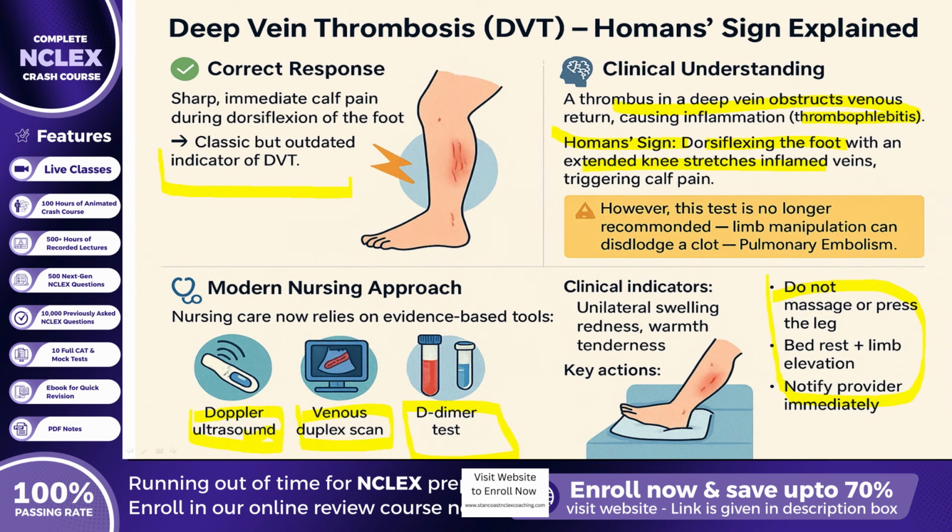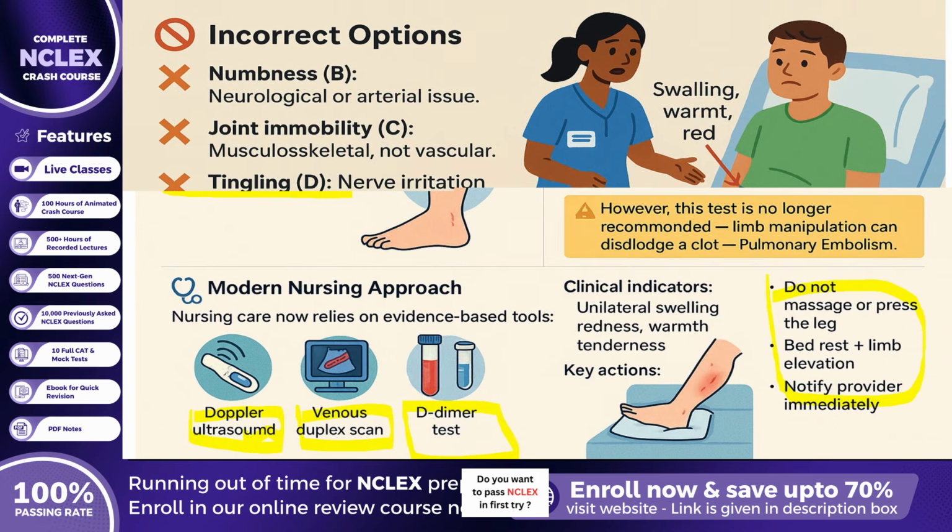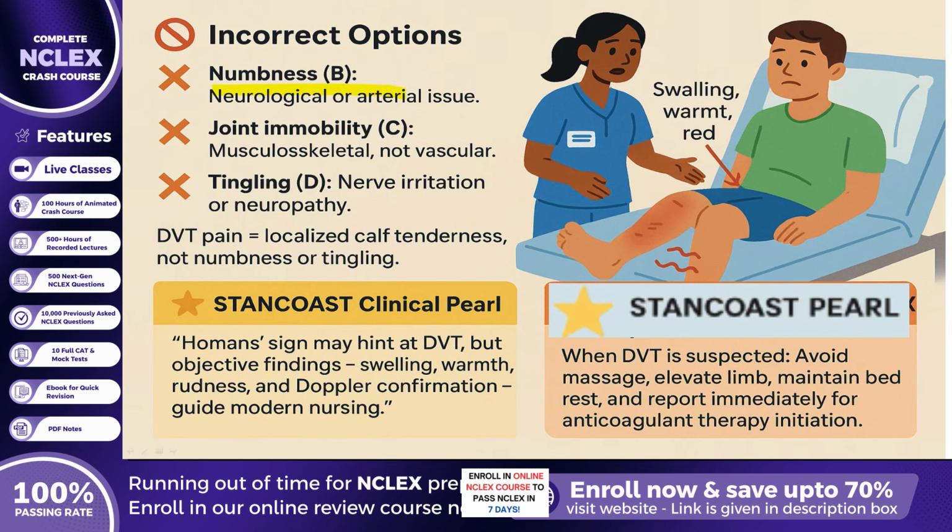Moving to the explanation of incorrect options, Option B, sudden numbness in the affected foot, suggests a neurological issue such as peripheral nerve compression or arterial occlusion, not a venous clot. DVT typically causes pain and swelling, not sensory loss.